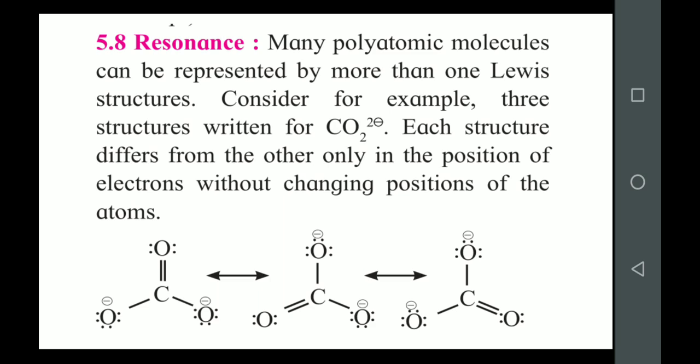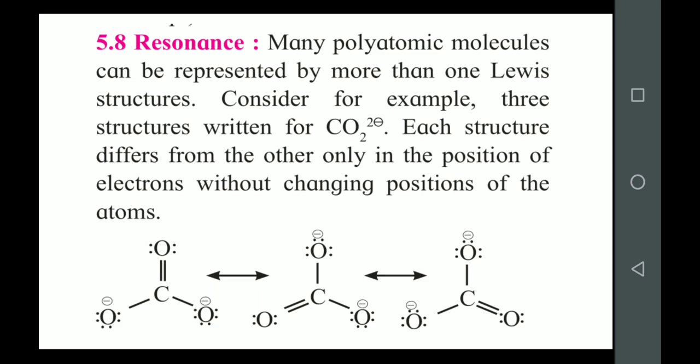So some polyatomic molecules can be represented by more than one structure, and all these structures which contribute to the formation and exhibit the characteristics of that molecule are known as canonical structures. So this is the canonical structure or resonance structure of the carbonate molecule.